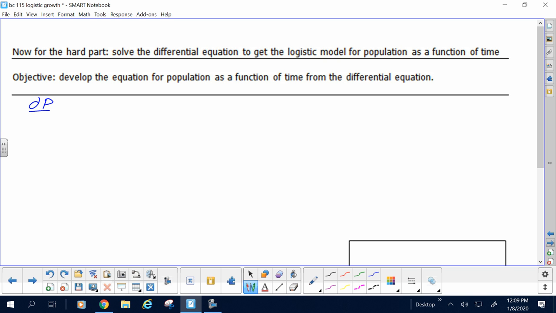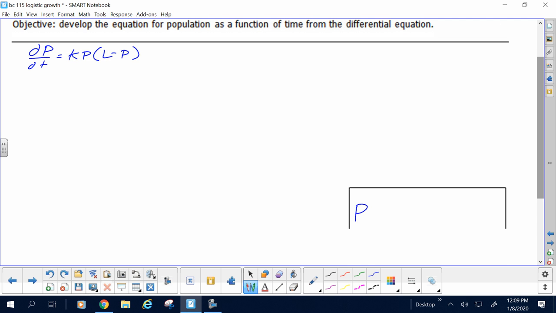So our goal is to start with dP/dt equals kP times (L minus P). And at the end of the day, we're going to have a box for population is this. That's what we're trying to get. What is the population equation as a function of what? What's the independent variable? Time, yeah, as a function of time.